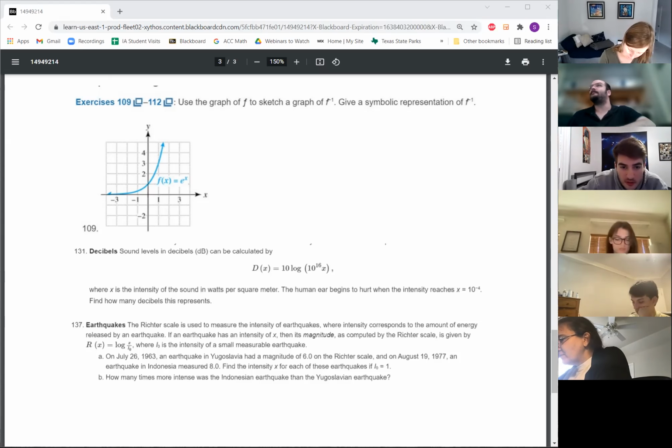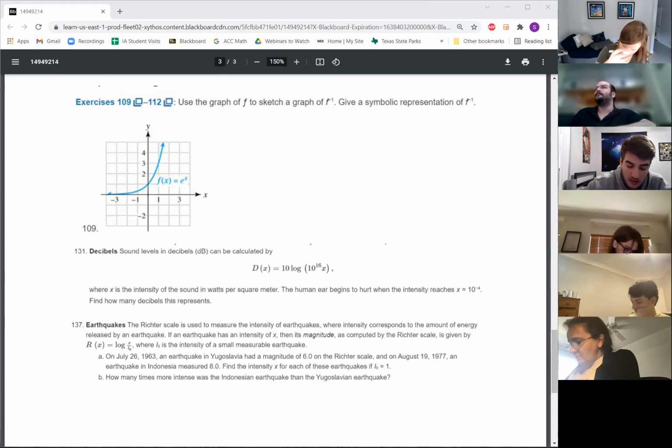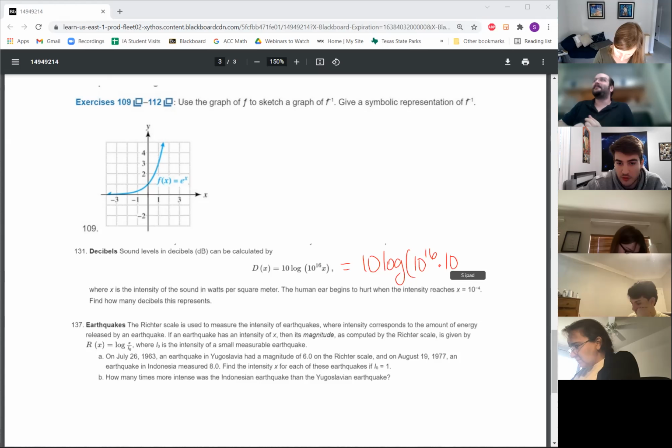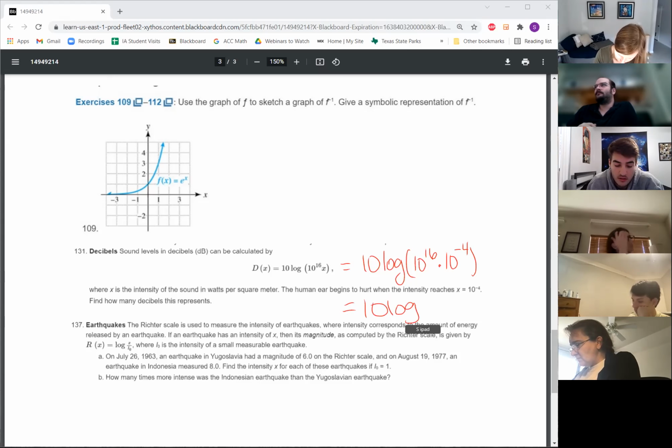So I ended up writing it out as 10 log of parentheses 10 to the 16th times 10 to the power of -4. I subtracted the exponents, 16 and -4, to get 10 to the 12th.